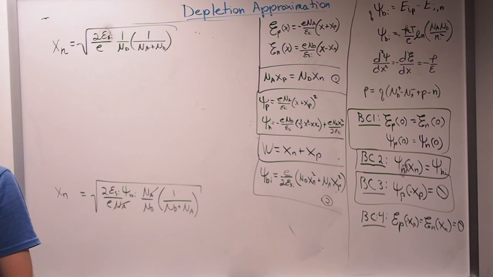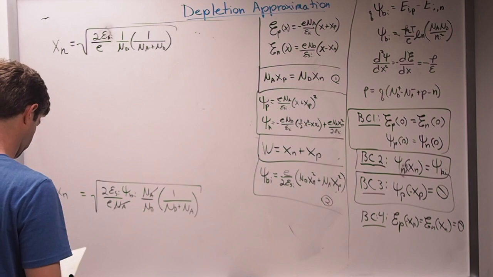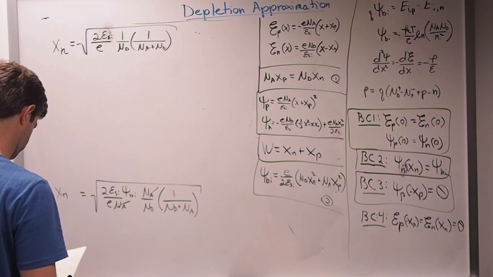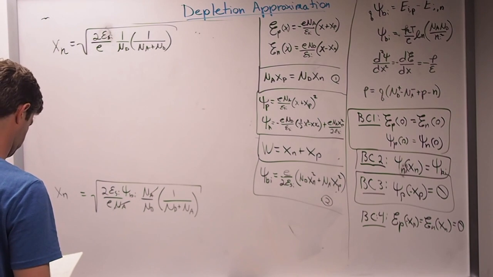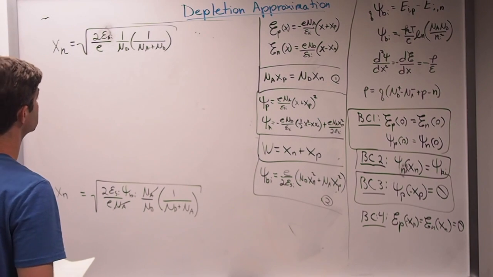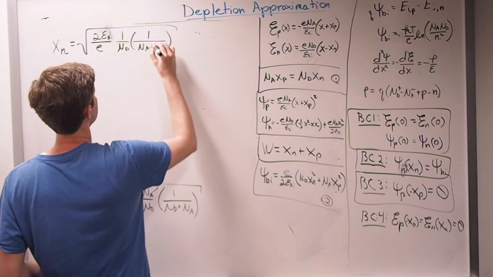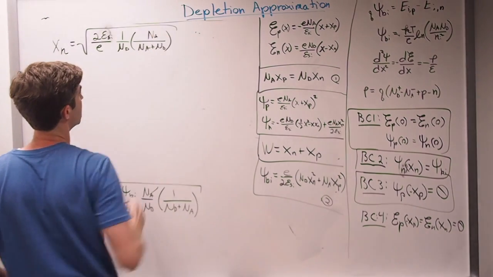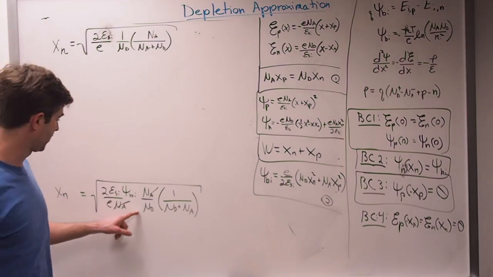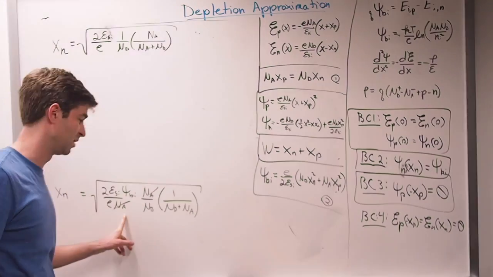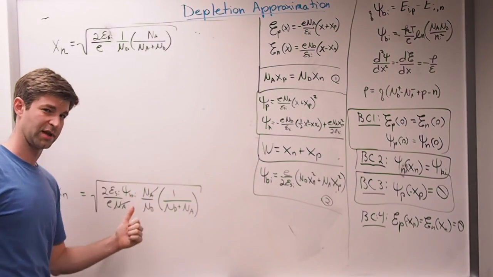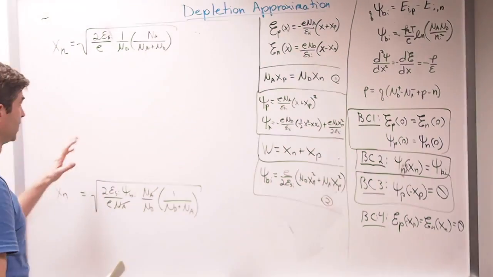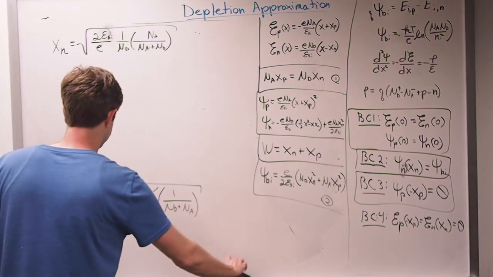Let me double check my math here. No, I'm sorry, there wasn't N_A up here. Okay, so obviously I made a mistake. One of these N_As is supposed to be here. If you watch it again, I probably already corrected it with a little bubble, but that's what we're supposed to get right there.